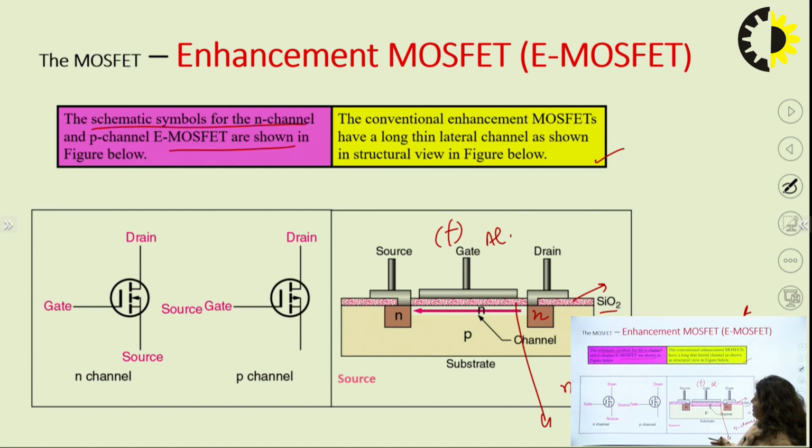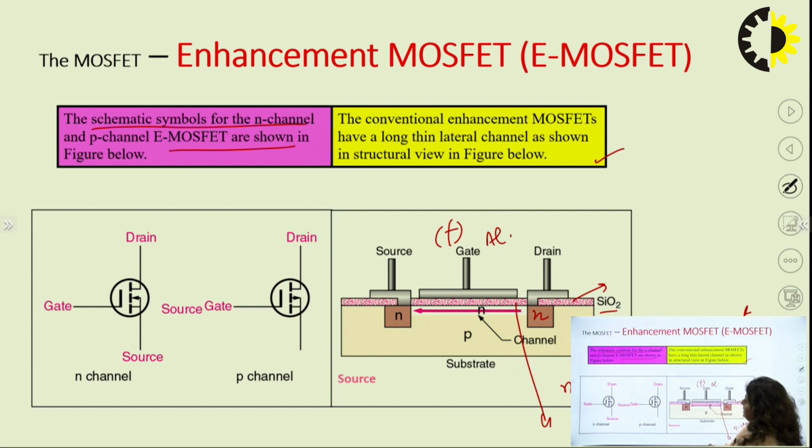So by this you can see the difference between the enhancement and the depletion type of MOSFET. In the depletion type, the channel is already there, and we have to deplete the channel. In the P type depletion MOSFET, the P type channel is already created; we apply a negative voltage there, and more electrons form between the source and the drain, and the channel gets depleted.